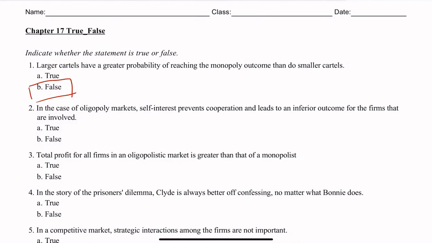The reason is, for oligopoly firms to reach the monopoly outcome, they have to sign a contract and collude with each other. So if you have a larger cartel, it means you have more firms in your cartel, which means it's harder for these firms to collude with each other.